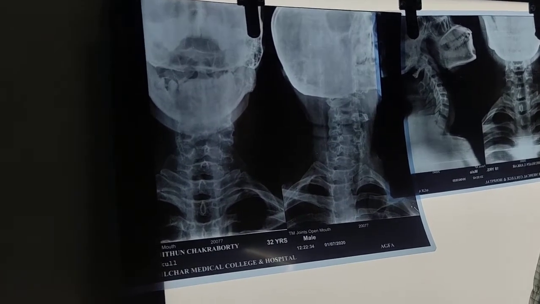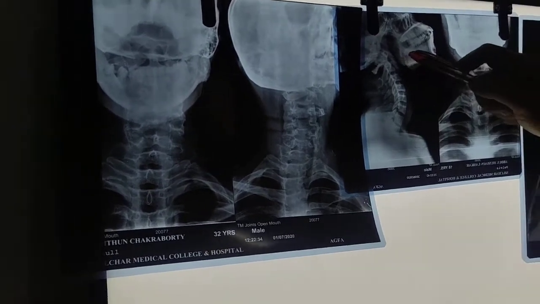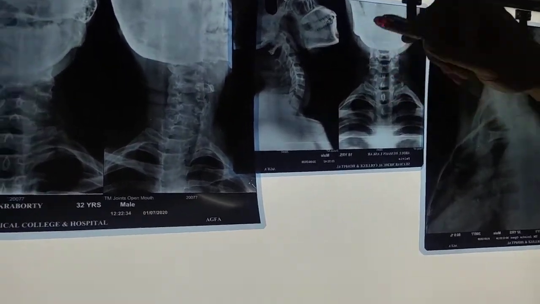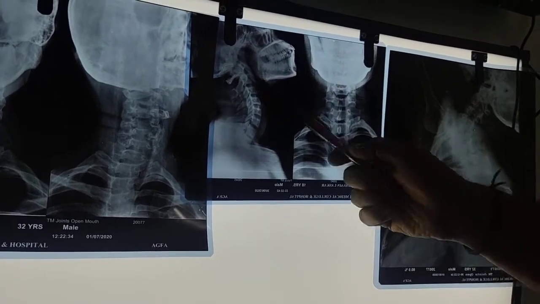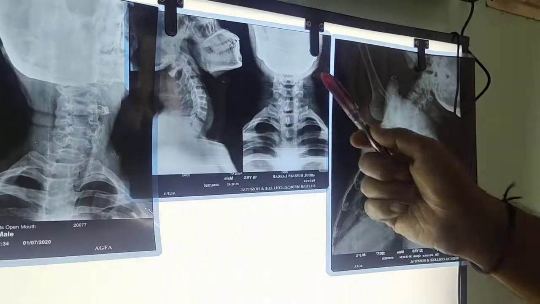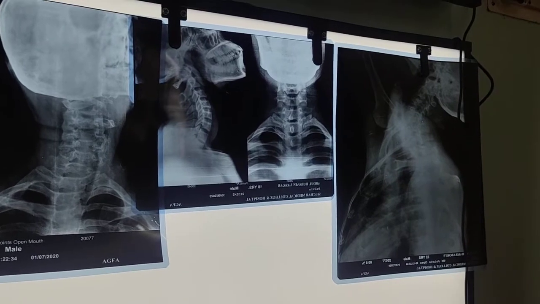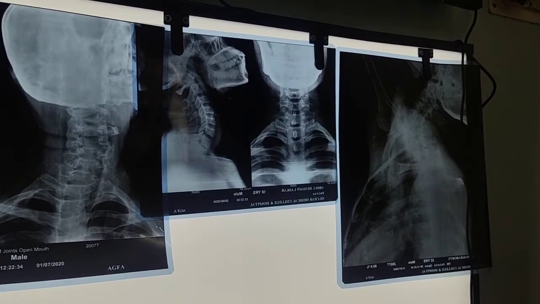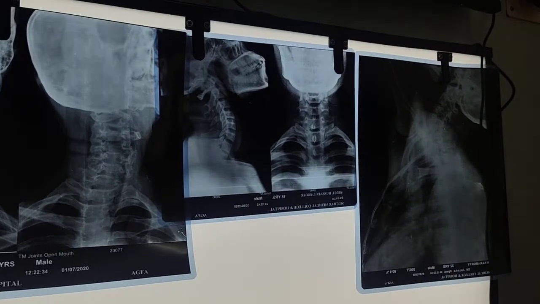Yes or no? Yes. Now next, we are going to C3 and below. The AP and lateral views of the cervical spine are very important to understand the subaxial part. What we have discussed already is the craniocervical junction.